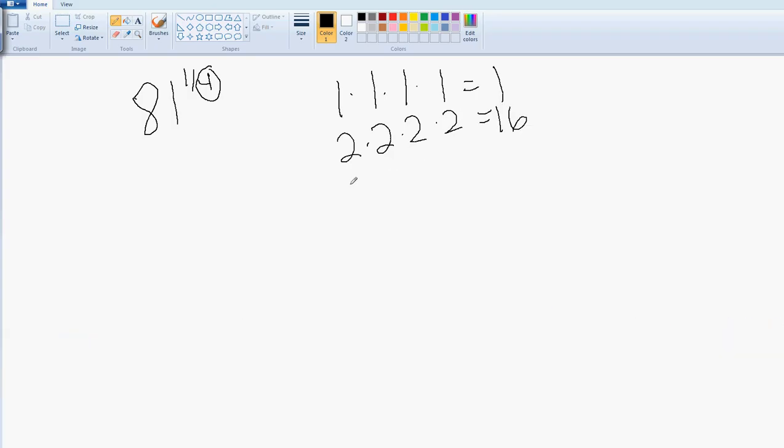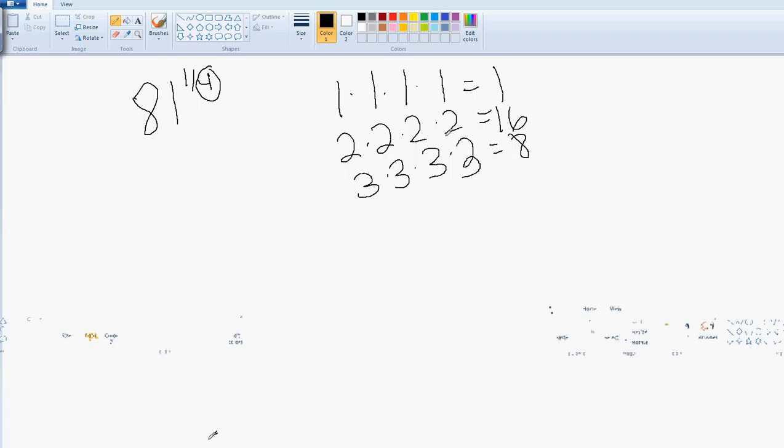Nah, it doesn't quite do it either. What about 3? 3 times 3 is 9, times 3 is 27, times 3 is 81. So 3 is the number which raised to the 4th power gives 81. Therefore, 81 to the 1/4 is 3.